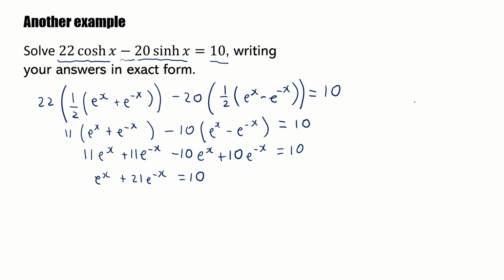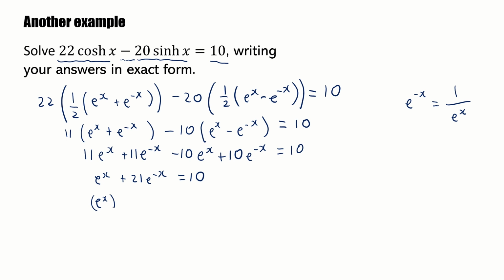Now, the thing worth bearing in mind is that anything with a negative power is secretly 1 over that thing without the negative power. So we've got a situation that's effectively a fraction with algebra on the bottom, and of course we know by now we prefer not to have that happening in an equation, so we want to eliminate it. So to eliminate that from the equation, multiply both sides by e to the x.